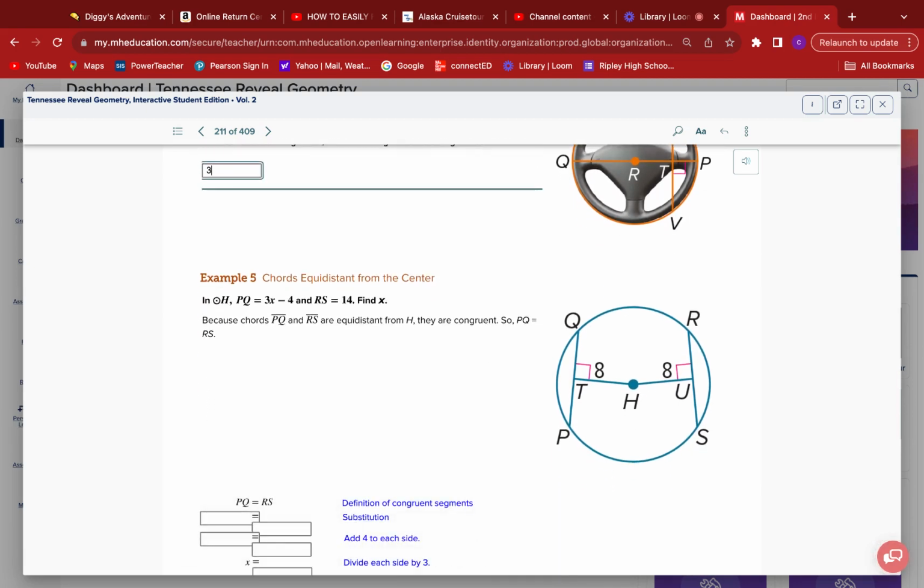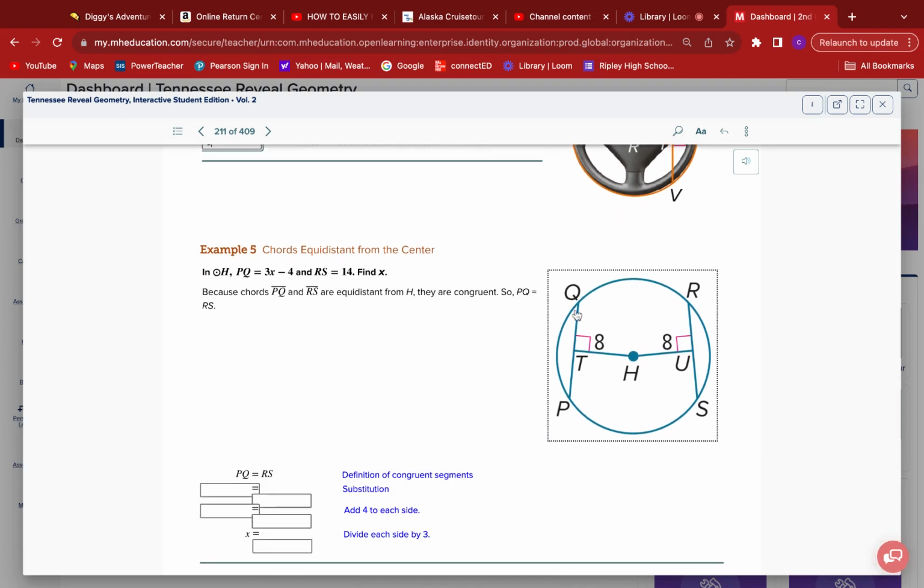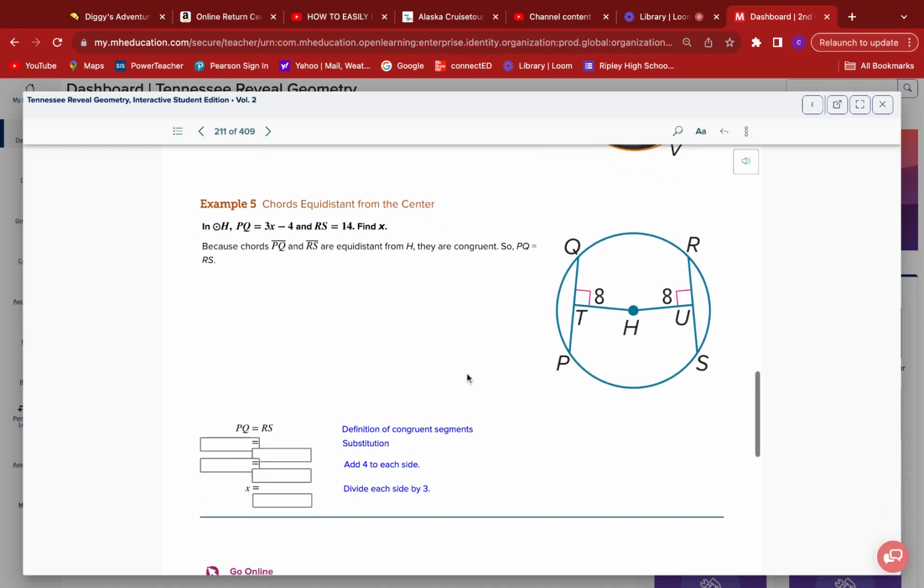All right, example number 5. Okay, we're on page 590 still. All right, we got PQ, that's the chord, is 3x minus 4. And since I see perpendicular and T to H is 8 and U to H is 8, I'm going to say that these chords are equal. And R to S is 14 to find X. So we're going to set them equal to each other. I'll put 3x minus 4 equals 14.